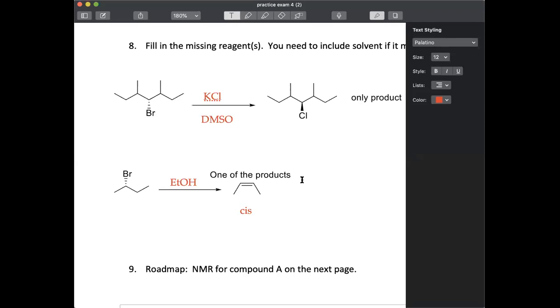I hope she mentioned that, right? She mentioned E2 makes trans only, or does she not? I'm pretty sure she mentioned that, for the purpose of this class, trans would be the only product that's generally formed, but she didn't say anything about E2 only forming trans products at all.